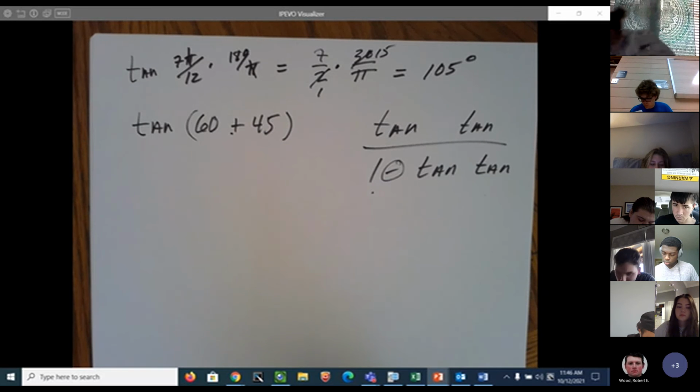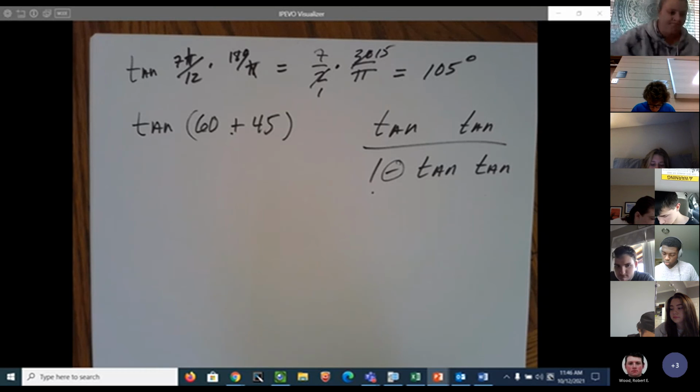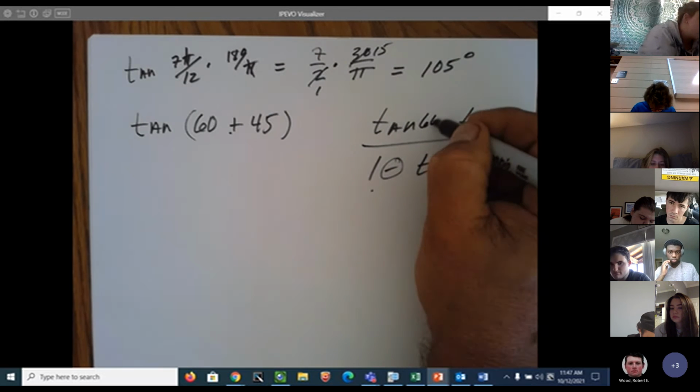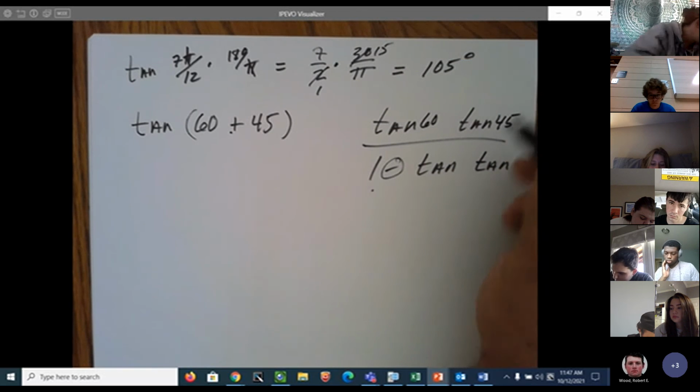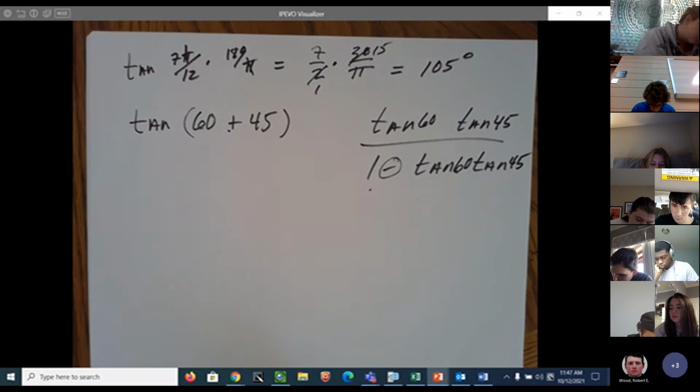All right, that's going to be what? The tangent of pi over 3, or the tangent of 60. Let's go with the tangent of 60 plus the tan of 45, 60 and 45.